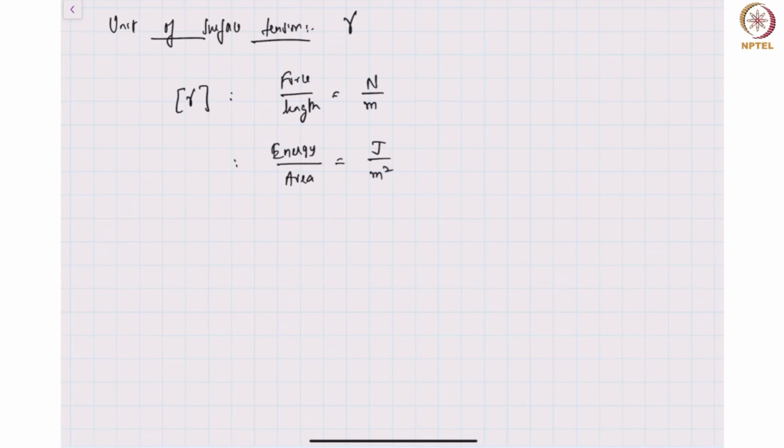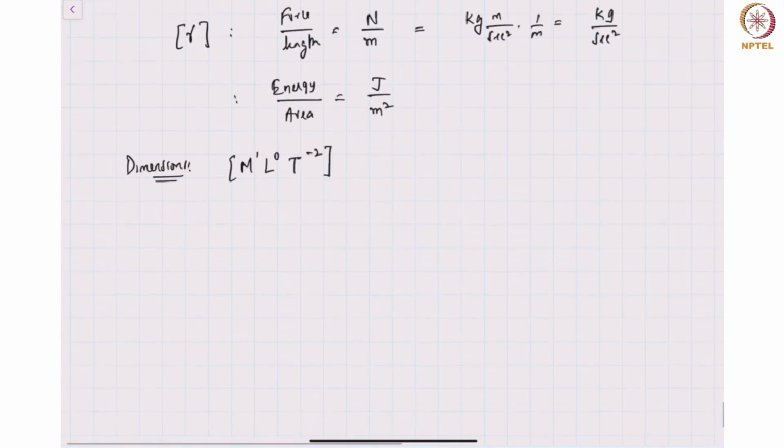If you work out the unit of Newton, the Newton would be kilogram meter per second square times 1 by meter, and therefore you would have kilogram per second square. Or in dimensions, you would write it as M to the power 1, L to the power 0, T to the power minus 2. So that's the dimension of surface tension.